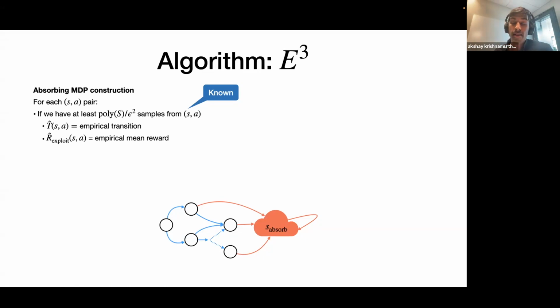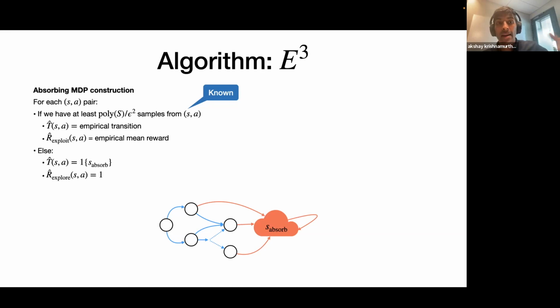And so this will be the exploitation reward, which I'm denoting by r hat exploit. Remember, there are going to be two reward functions. This is what I do for all the blue arrows in the figure. I know what's going to happen, or I can approximate it very well because I've seen enough data. For the red arrows, if I don't have enough data, I'm going to just send all of these state-action pairs to the absorbing state.